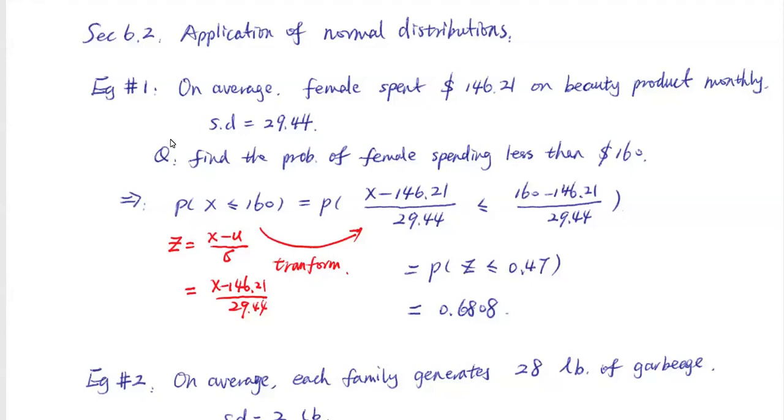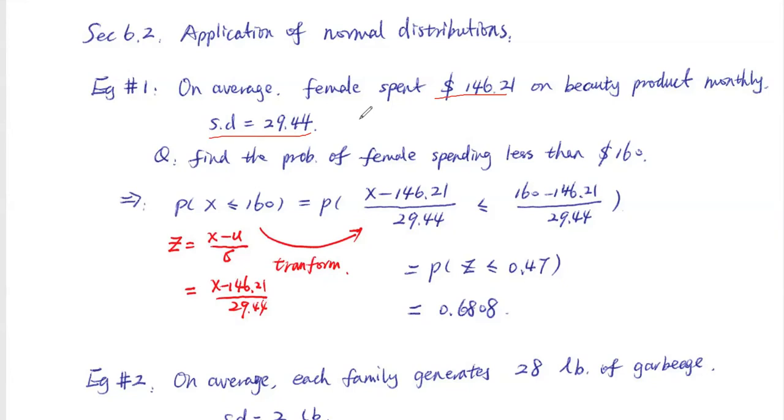So when they give you this information, by default they assume that female spending in dollars every month on beauty products follows a normal distribution. Whenever they tell you the average spending and the standard deviation, by default this distribution follows a normal distribution.